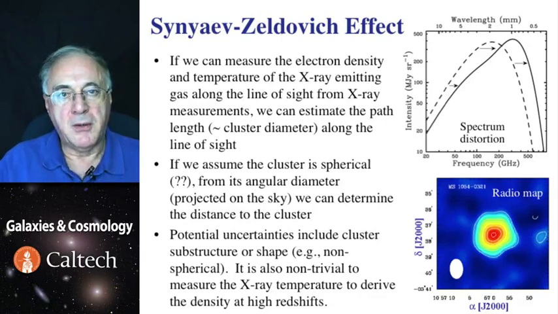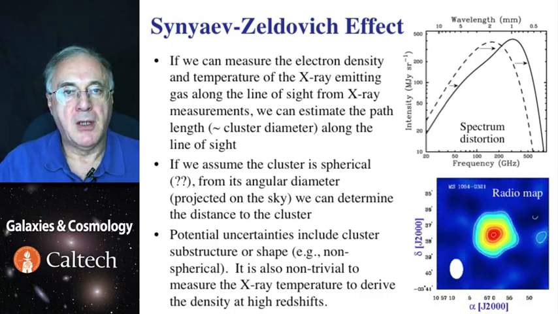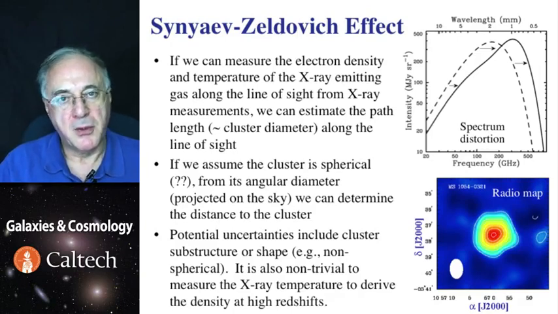Therefore, we can derive from this measurement directly the physical linear size of the cluster along the line of sight. We can measure the apparent size of the cluster on the sky, and on average you expect the clusters will have the same size in the radial direction or orthogonal to it. So since we have observed the apparent angular size of the cluster in the sky, and we know how much that is in physical units at the cluster's redshift, we can derive the angular diameter distance.